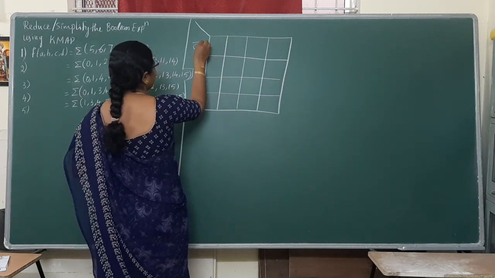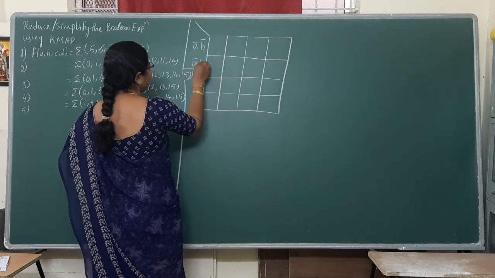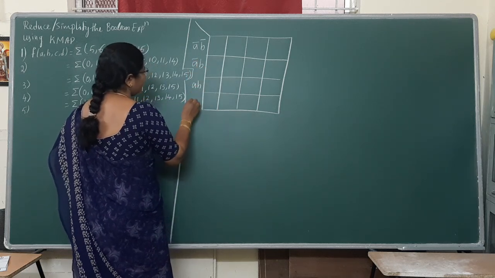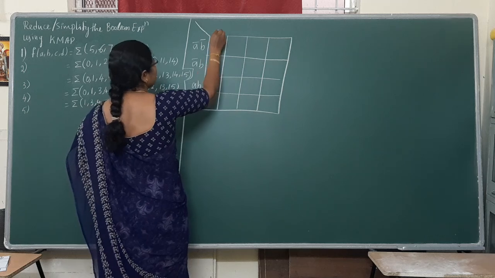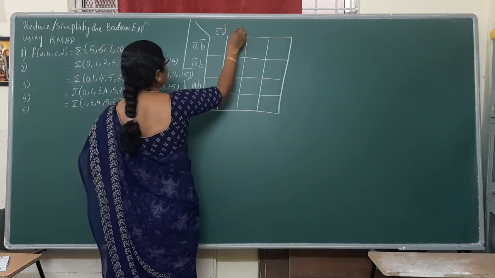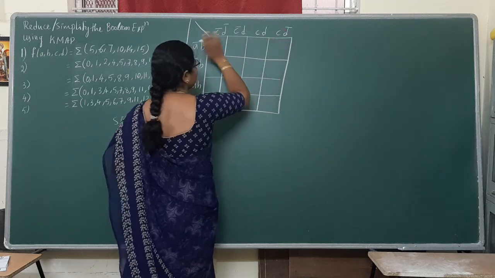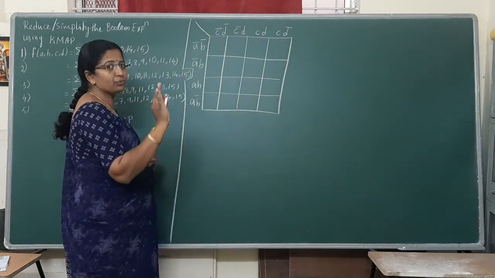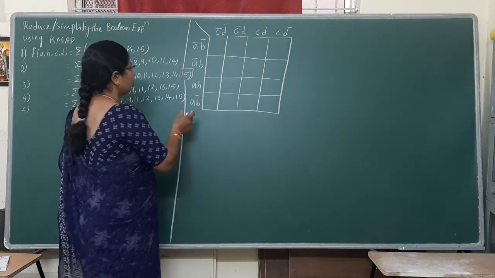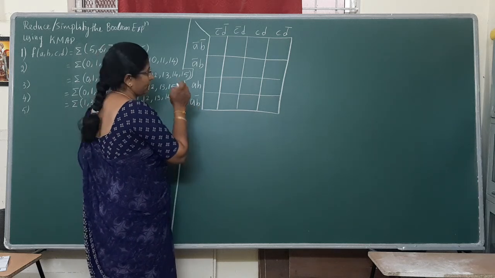A complement, B complement, A complement, B, A, B, A, B complement. C complement, D complement, C complement, D, C, D, C, D complement. The labels are fixed and the terms are also fixed with a product term.